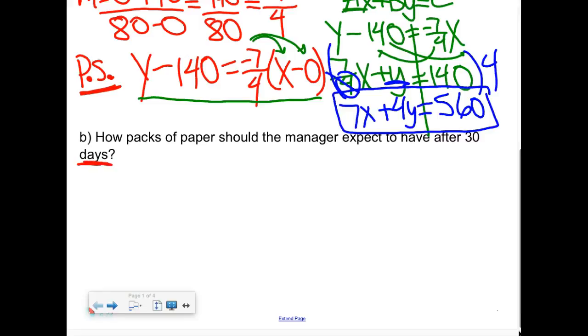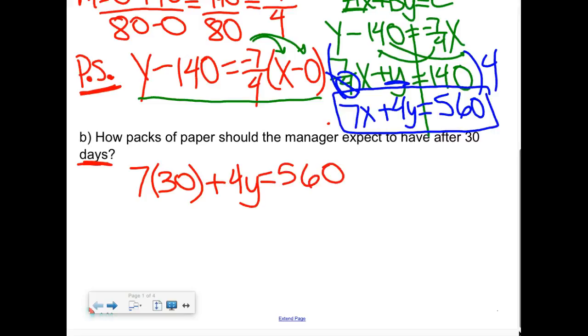So I'm going to take the equation we just found, our 7x plus 4y equals 560. I'm going to replace x with 30 because that represents days. And then we are now going to solve for y because I'm trying to find out how much paper I have. So I'm going to take 7 times 30, we're going to get 210.